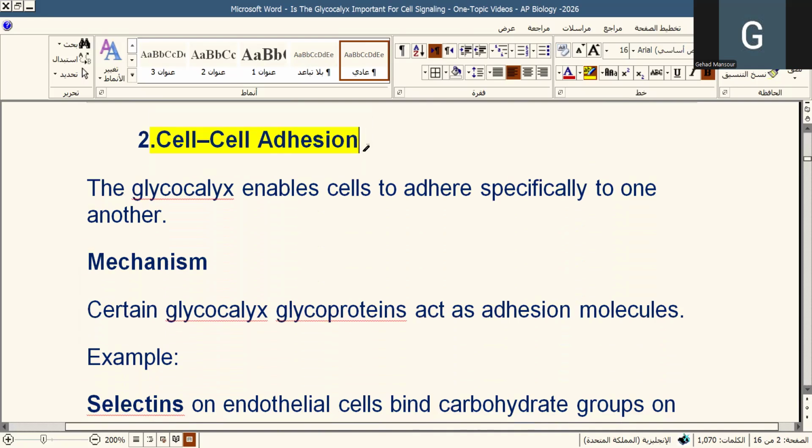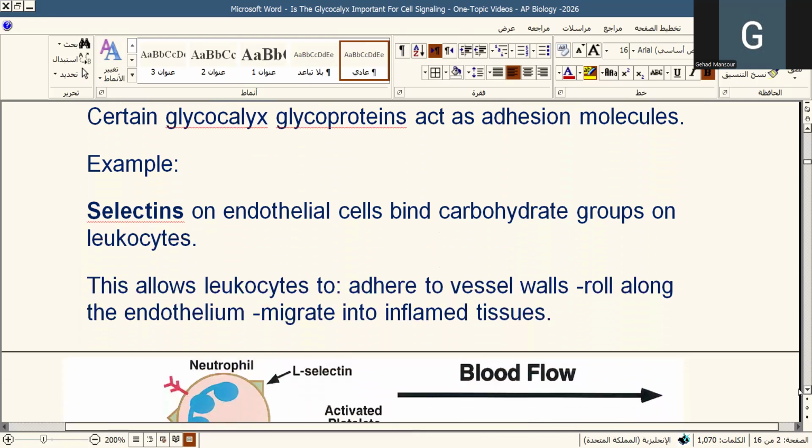cell-to-cell adhesion. As I said before, the glycocalyx helps the cells to adhere to one another. How does this occur? This is not done by all glycocalyx molecules, but by certain ones, specifically the glycoproteins, the molecules that are essentially proteins with a carbohydrate moiety.